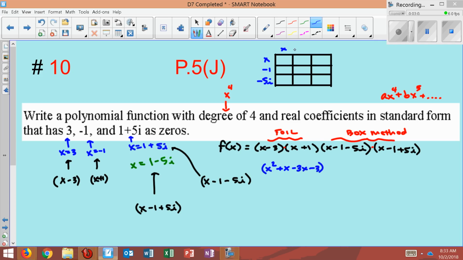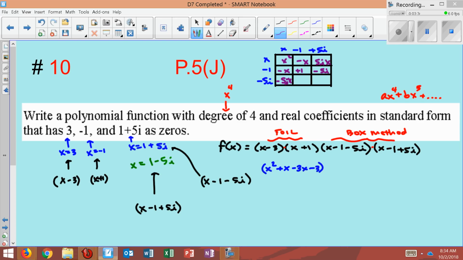So I'm just writing it across, x minus 1 plus 5i. Now if I do this right, my i's should cancel out. So as I multiply here, I get x squared. This will be negative x. This will be 5ix. This here will be a negative x, a positive 1, a negative 5i. Here I get a negative 5ix.